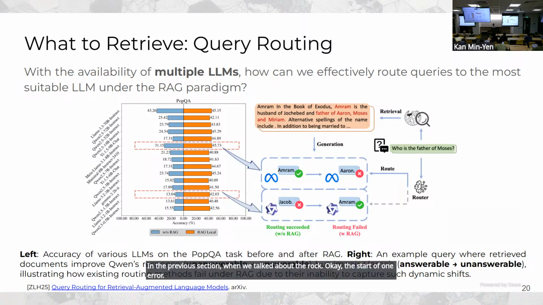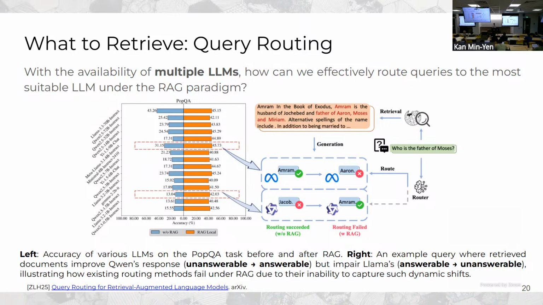Within this work, it refers to the case where there are multiple LLMs. That means for the input query, given multiple LLMs, sometimes we have to select the most reasonable one to use.